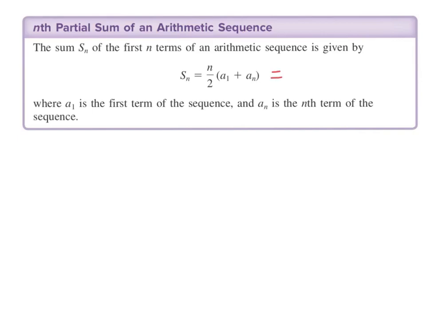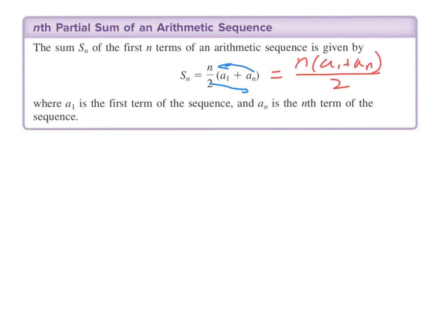Okay, we wrote it like this: n times (a1 plus an), whatever the last term is we're looking for, divided by 2. That's the same thing, right? I could just think of this number being underneath and this group being up top. It's the same idea.